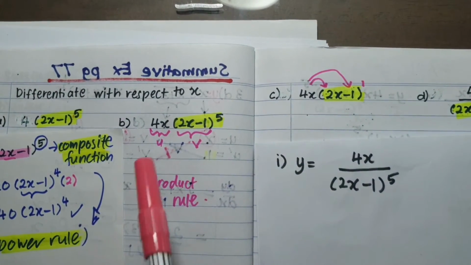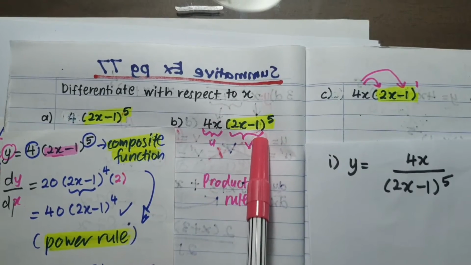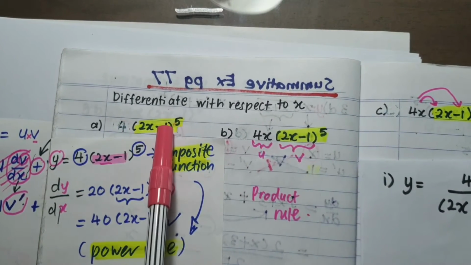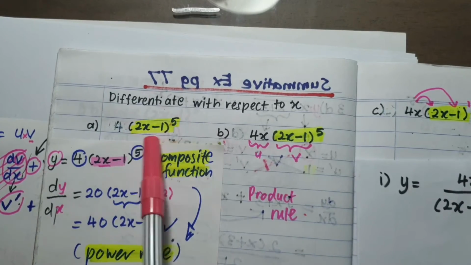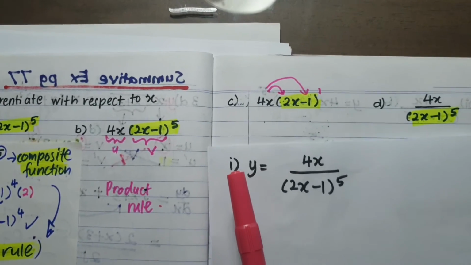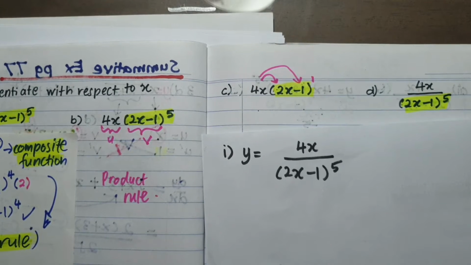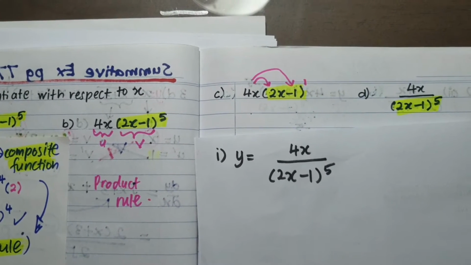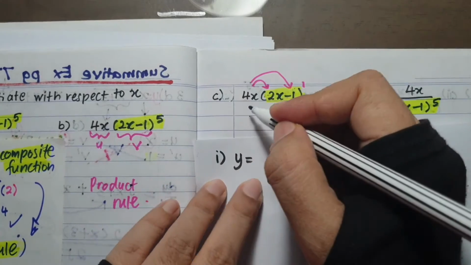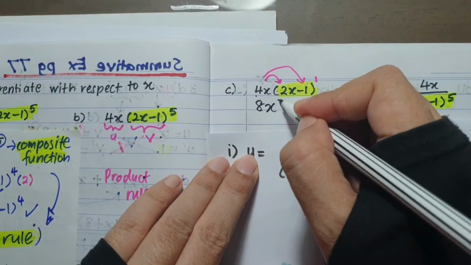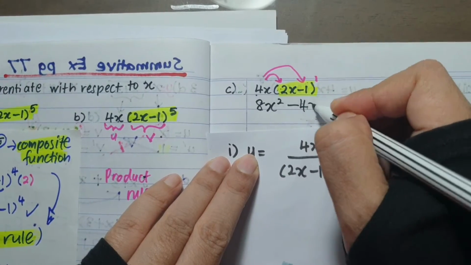But this one cannot be expanded because this bracket is power 5. If the bracket here is power of 1, you can simplify it first. If you simplify this, you get 4 times 2, 8x squared minus 4x.